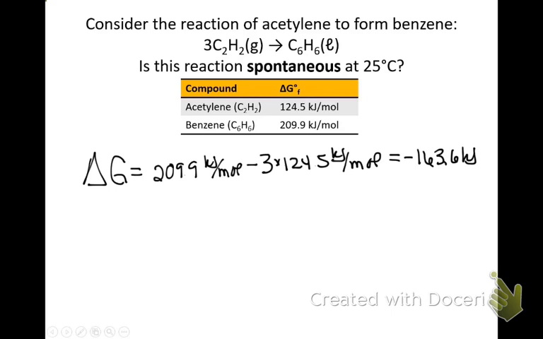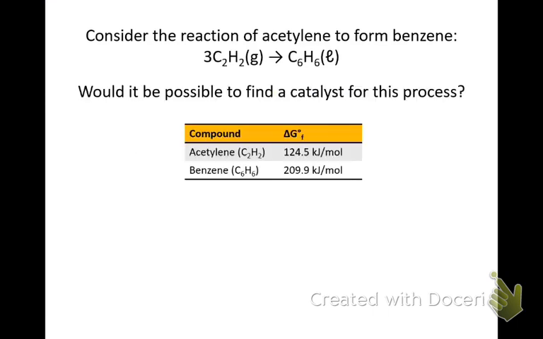So is that reaction spontaneous at 25 degrees C under standard conditions? Yes, it is. Okay, I think you're getting the hang of this now. So would it be possible to find a catalyst for this process? So remember that a catalyst increases the rate of the reaction. It helps us go to the end of the reaction, go to equilibrium faster.